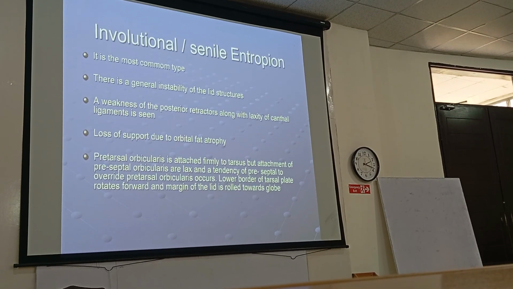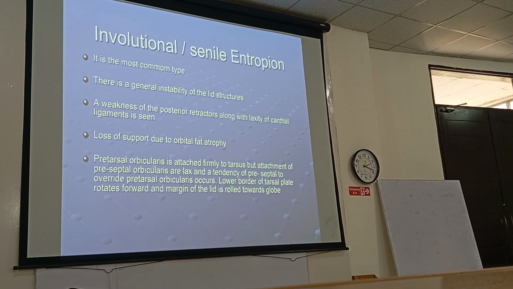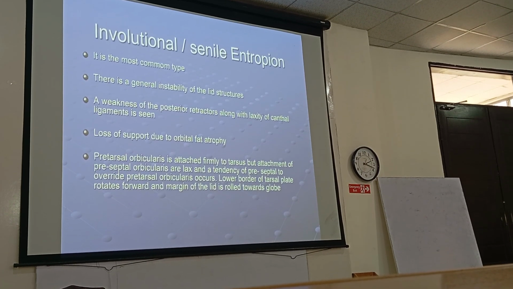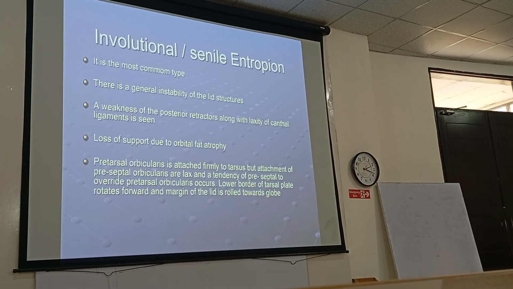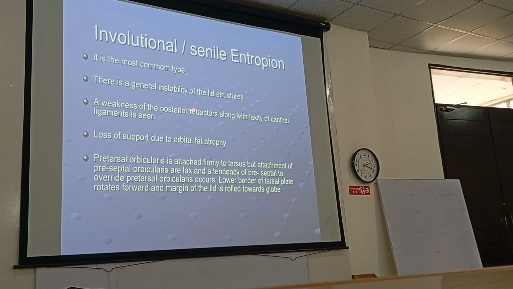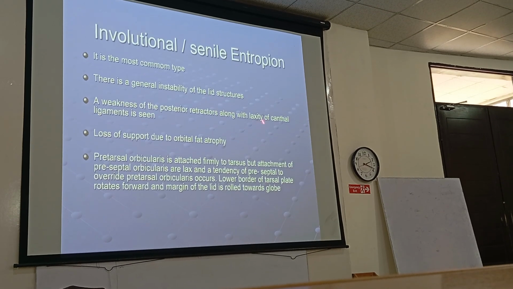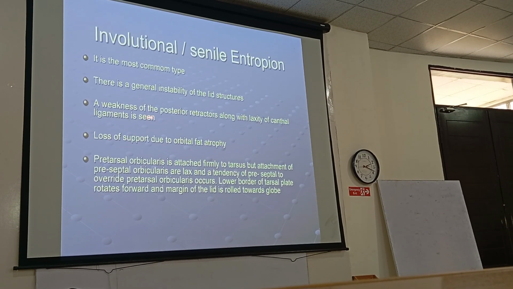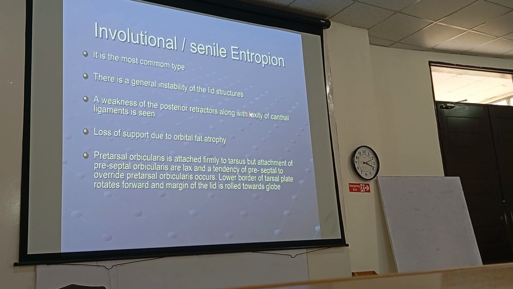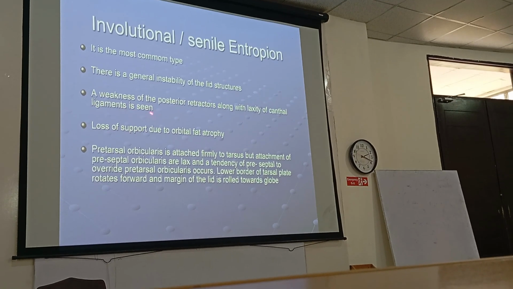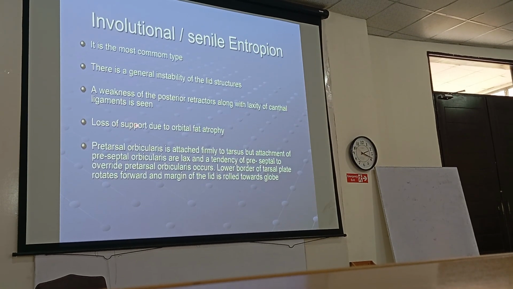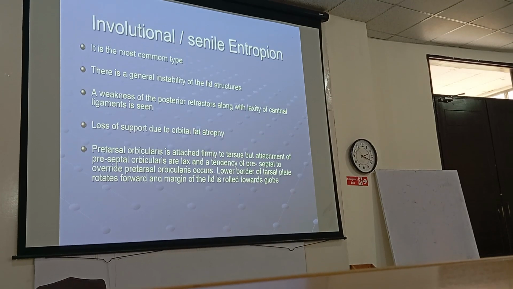In some people it occurs earlier, in some later, in some it doesn't occur at all, but it is still the most common type. There is a general instability of all the eyelid structures which I told you. A weakness of the posterior retractor along with laxity of the canthal ligaments is seen. Loss of support due to orbital fat atrophy.